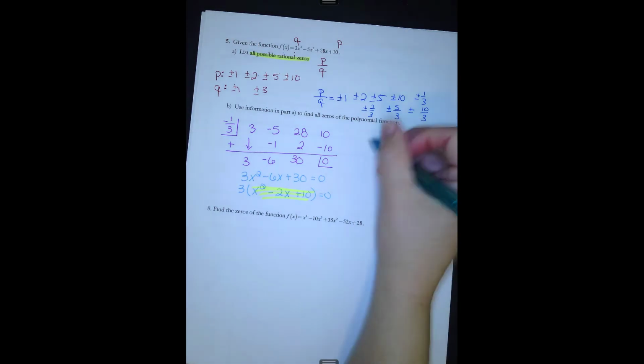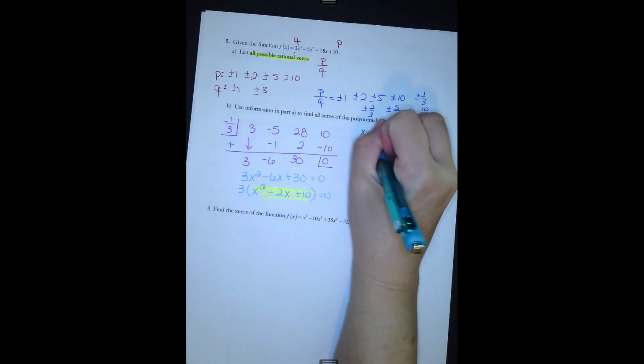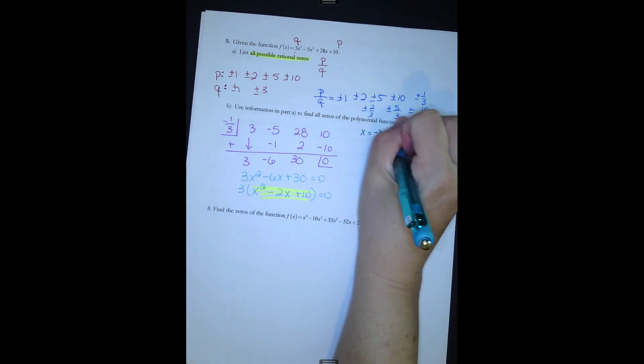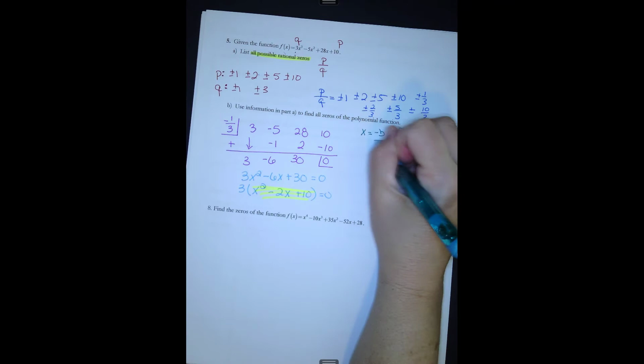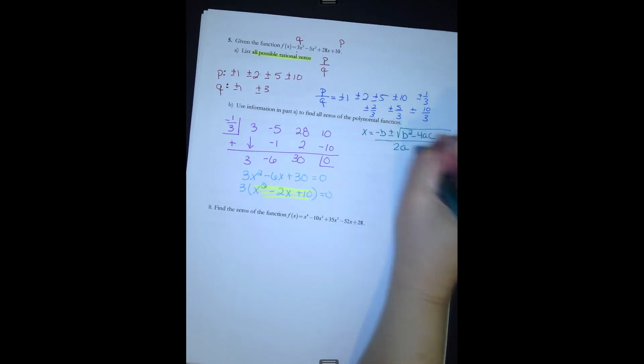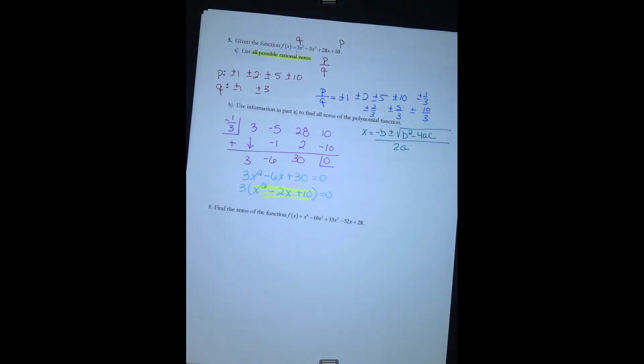I'm going to go ahead and use the quadratic formula, and if we remember, x equals the opposite of b plus or minus the square root of b squared minus 4ac all over 2a. I have a hard time not singing the quadratic formula song in my head when I'm doing that.